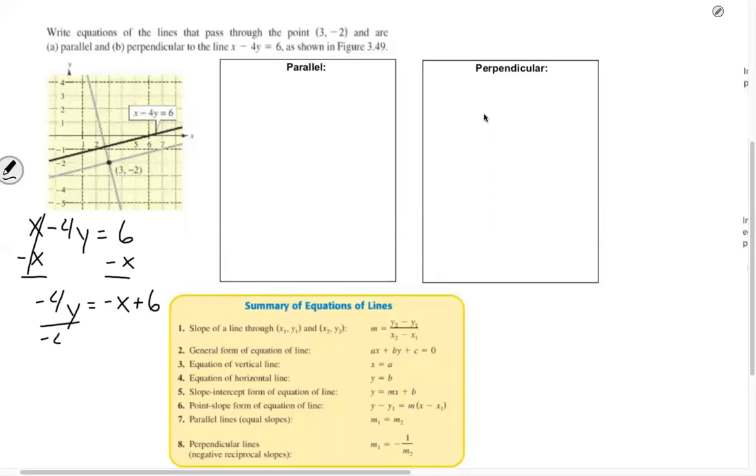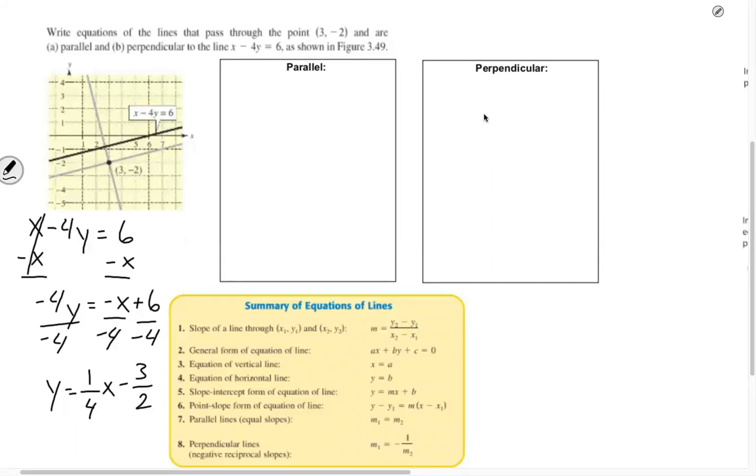And then I just simply divide by -4 to get y equals negative over negative is positive, so 1/4 x. 6 divided by -4, that's going to be -3/2, or 1.5.